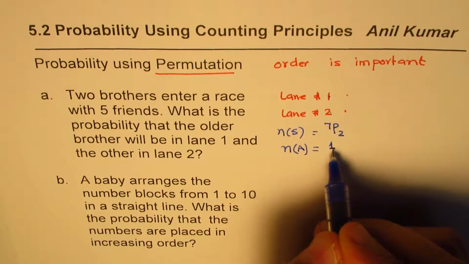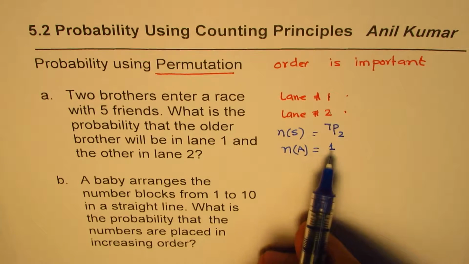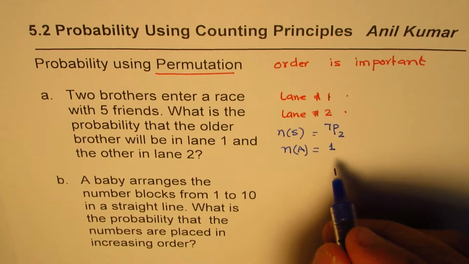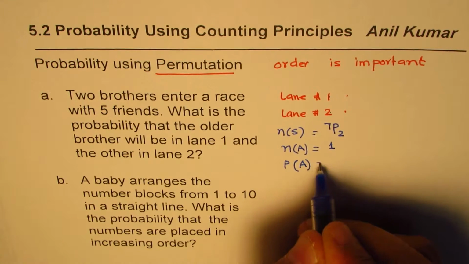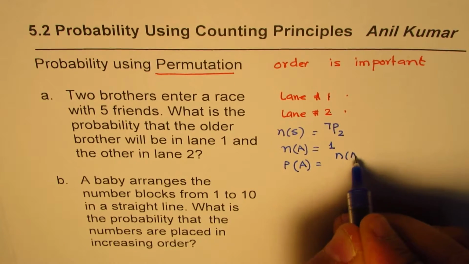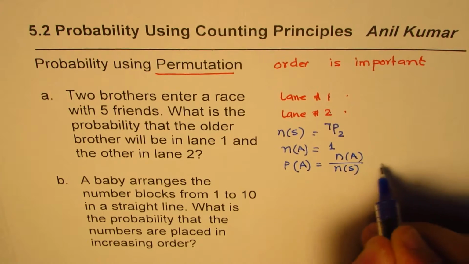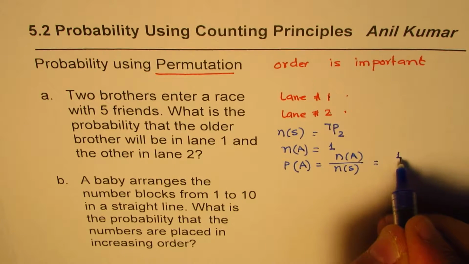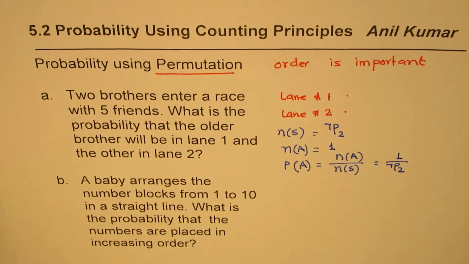Therefore, the number of outcomes which are favorable for our event is 1. And so, the probability of this event, which is the ratio of favorable to total number of outcomes, will be equal to 1 divided by 7P2. So that becomes the answer for us.